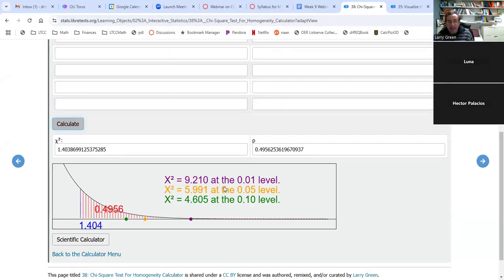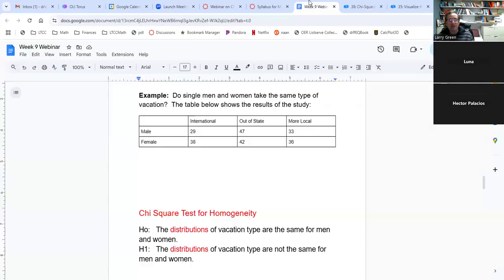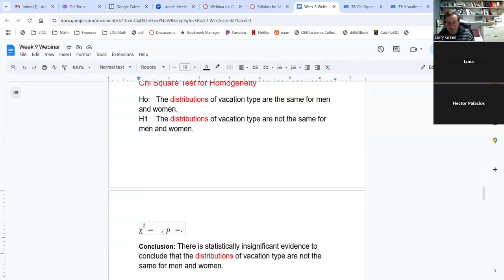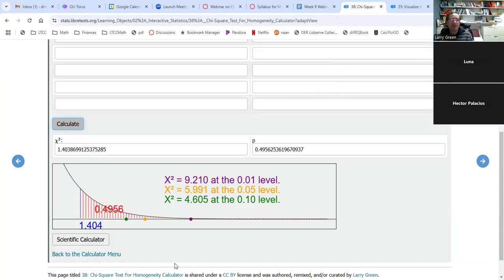And we get our chi-squared test statistic and we get our p-value. So the chi-squared test statistic is 1.404. And the p-value is 0.4956.